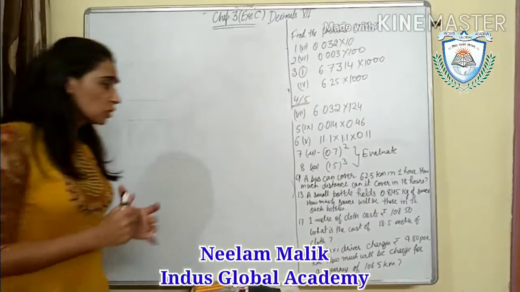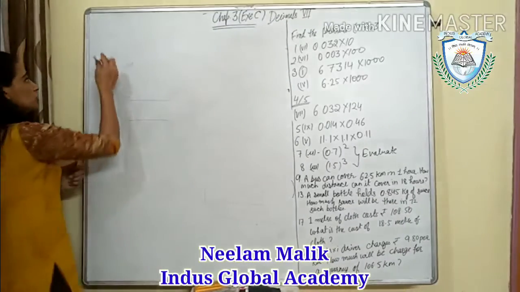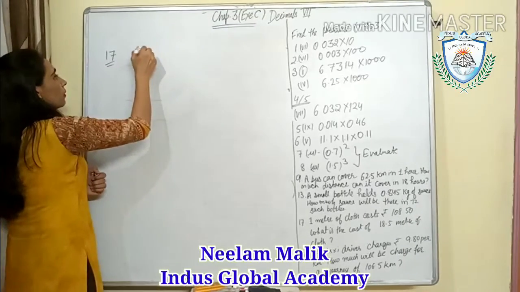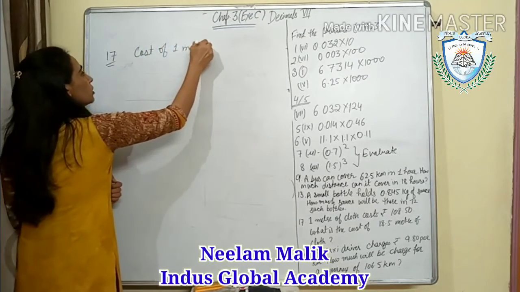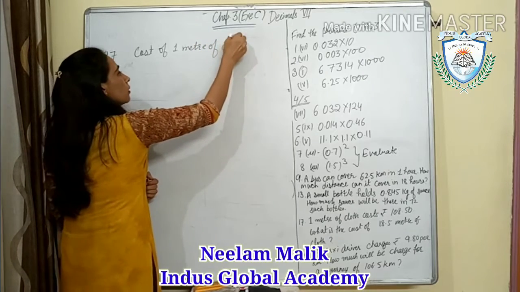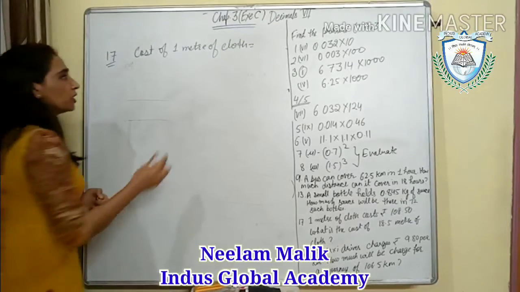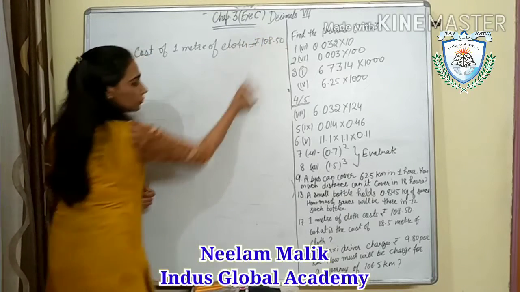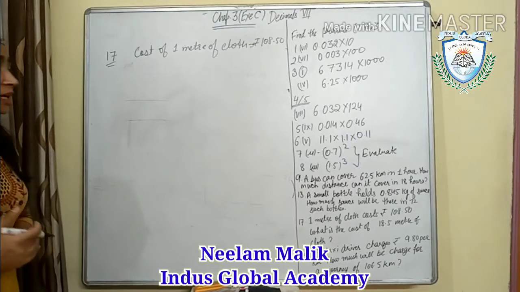Means the cost of 1 meter of cloth is given. So this is also the same as we have done previously. Cost of 1 meter of cloth is equal to rupees 108.50. So we have to find out the cost of 18.5 meters.